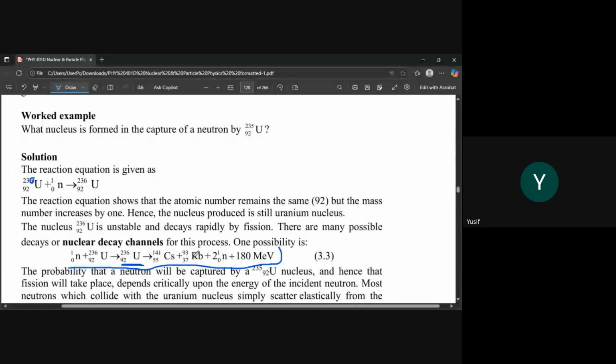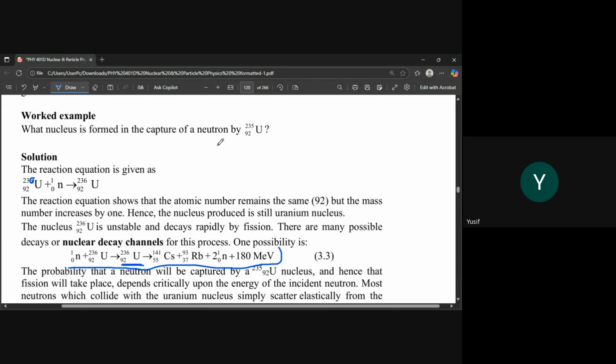I hope that's what you guys are thinking. Yes, exactly, sir. That was a question that I kept asking because, for instance, if you just say a neutron is captured by uranium, is there only one possible outcome or are there other possible outcomes? And which one are you supposed to provide?